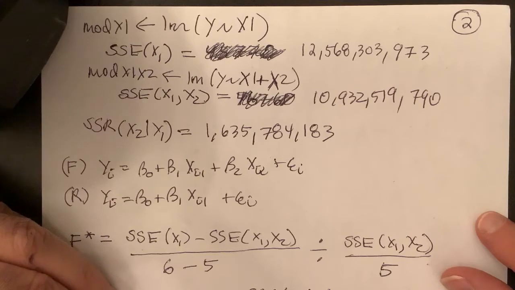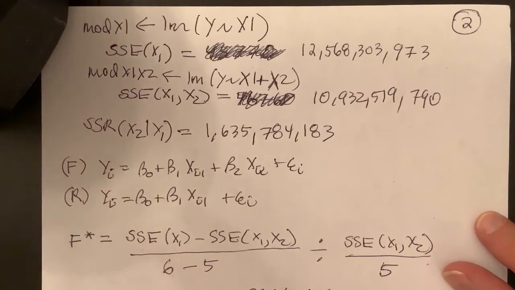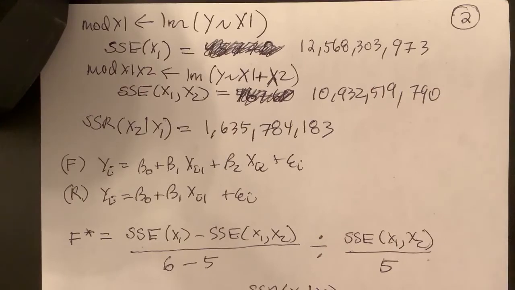I get 12.5 billion. Okay, so 12.5 billion. What are the units here? Well, the units should be dollars squared, right?